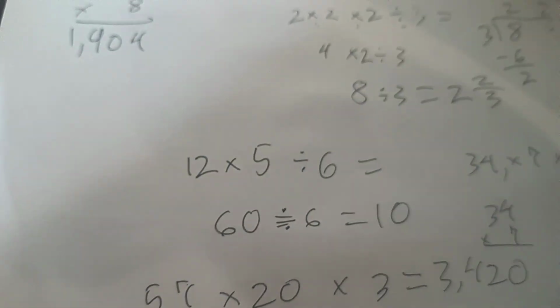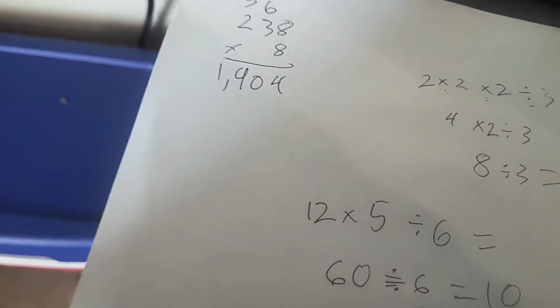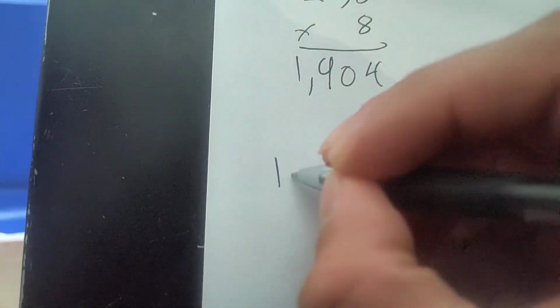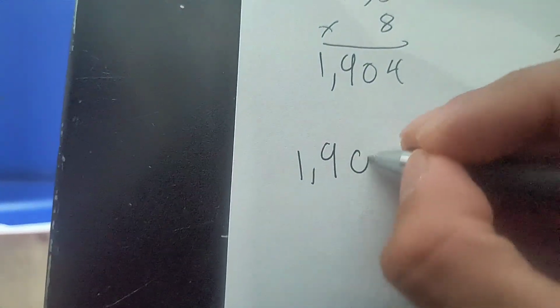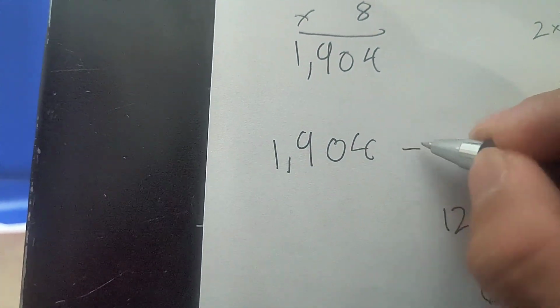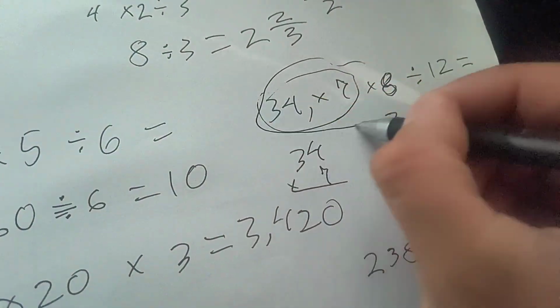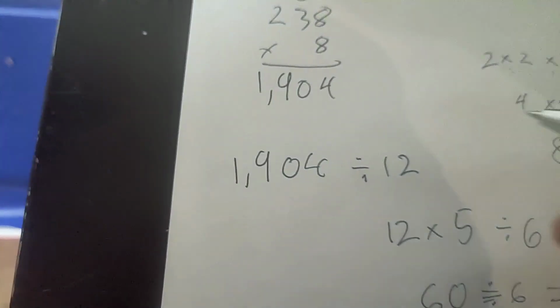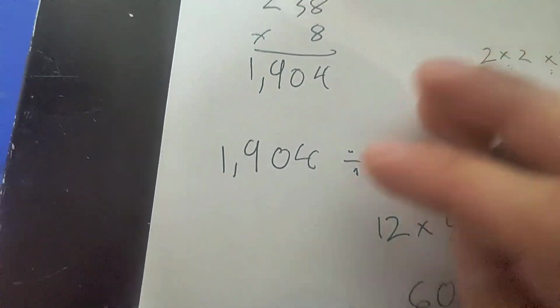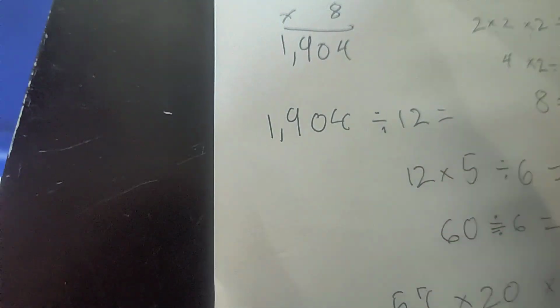So now we've got 1,904 divided by 12. So we already did this part, and then we did this part, and now we're doing this part divided by 12. Well, let's do the division here, okay?